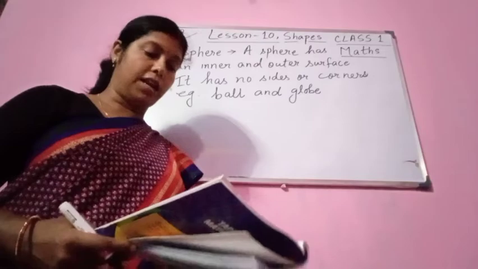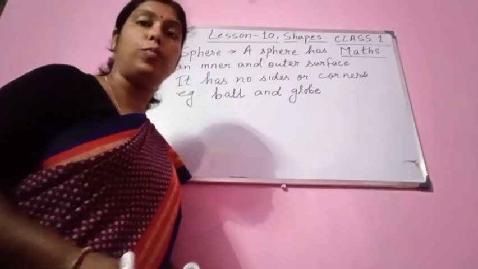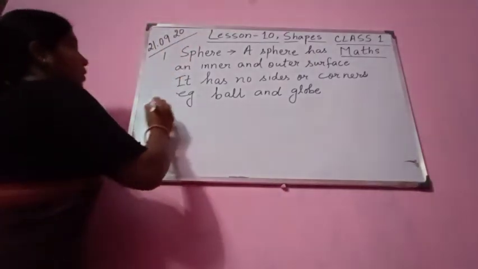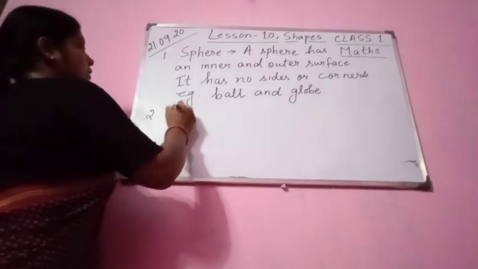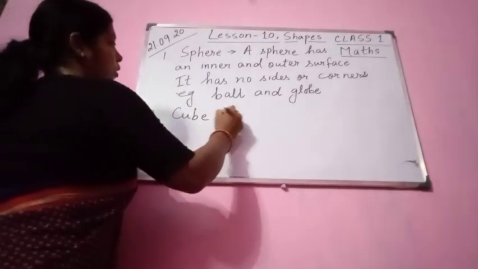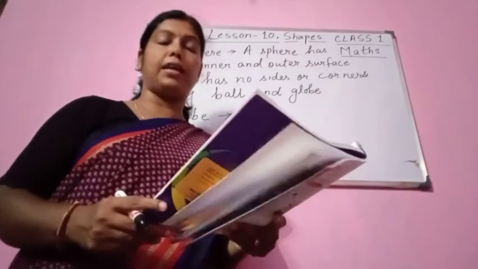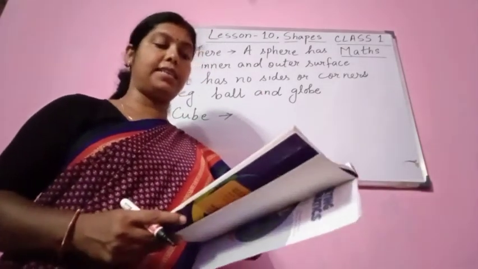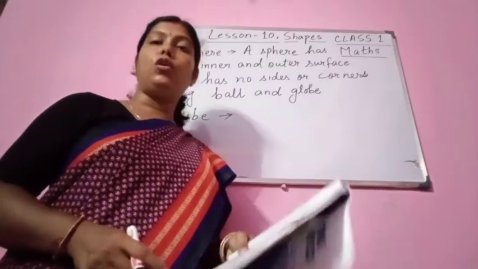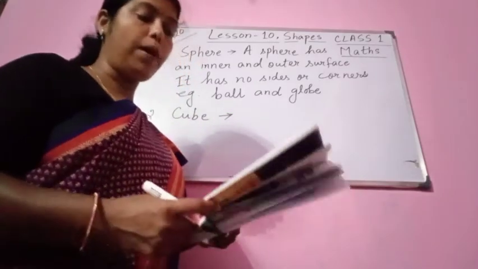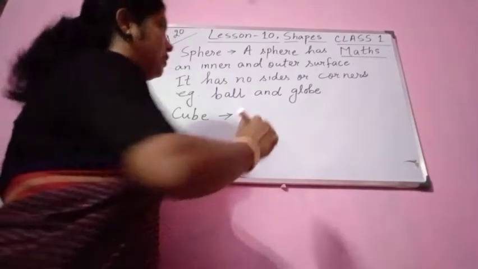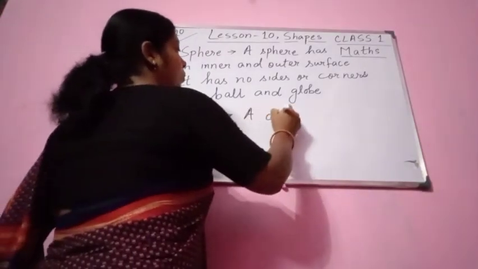Okay, let us come to number 2, that is cube. What is a cube? Number 2 is cube. What is a cube? Now you see here, a cube looks like a box. It has 6 faces. So you just write down, a cube has 6 faces.